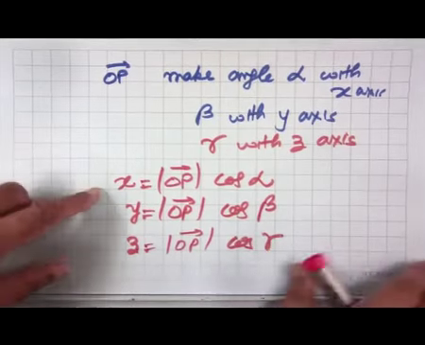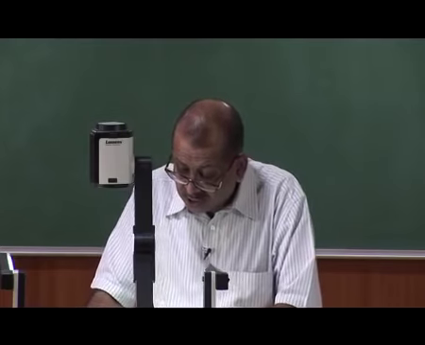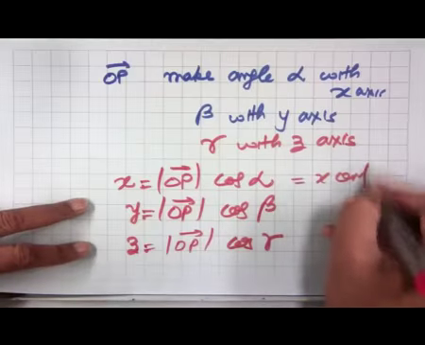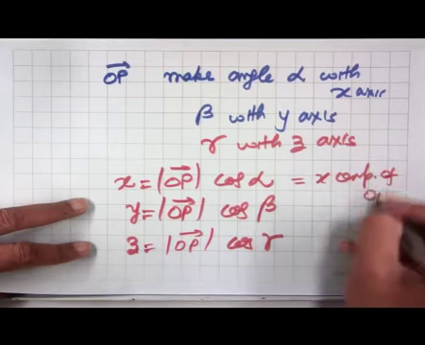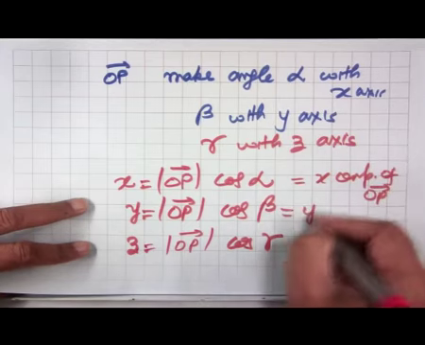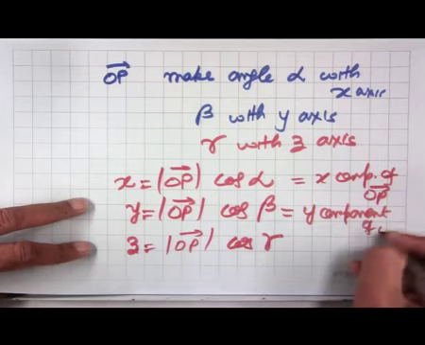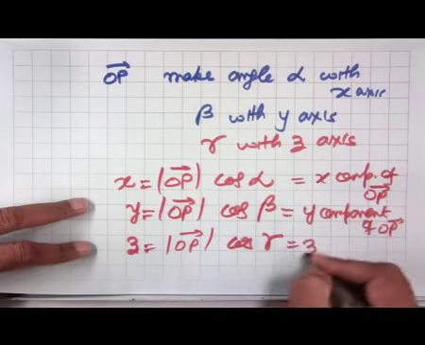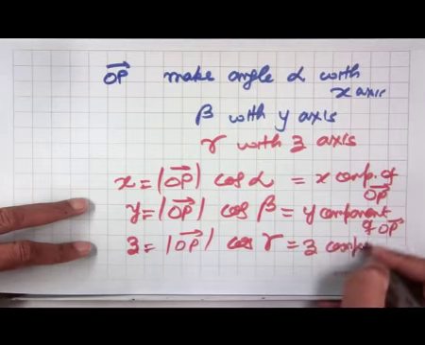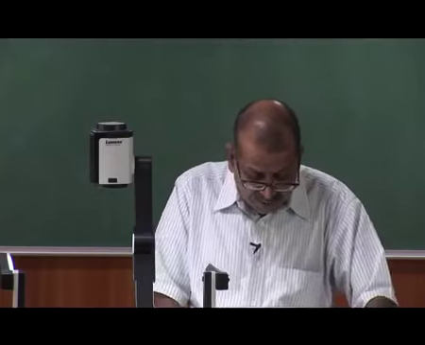So, this is the x component of the vector OP, this is the y component of OP, and this is the z component of OP.